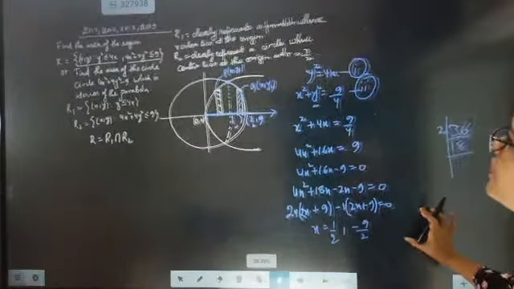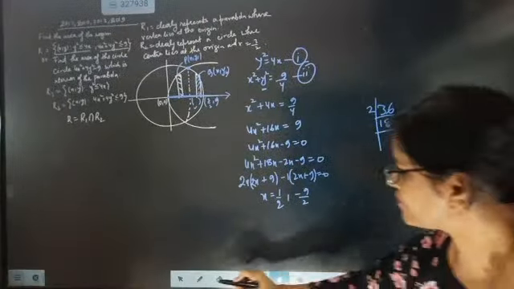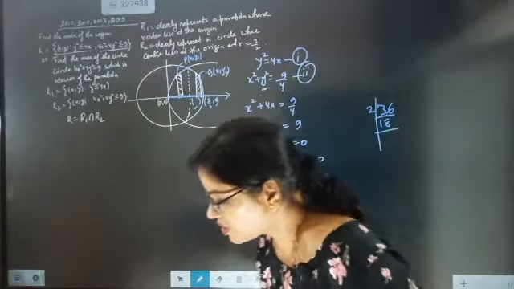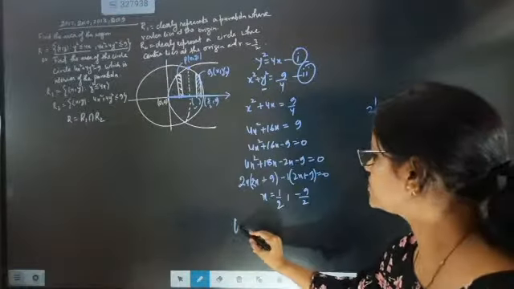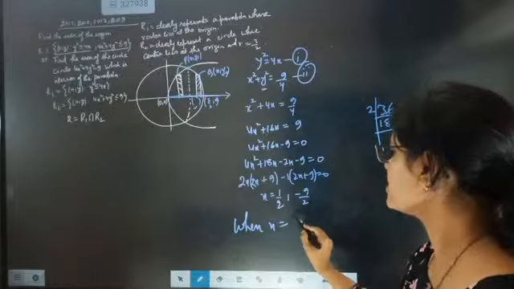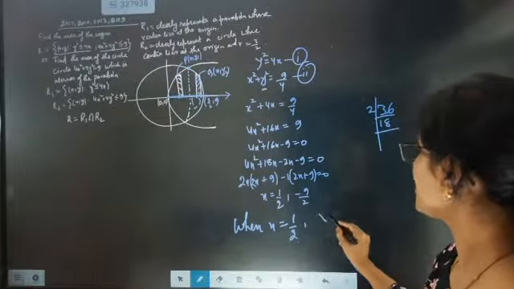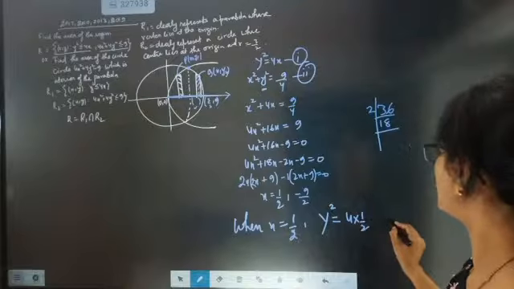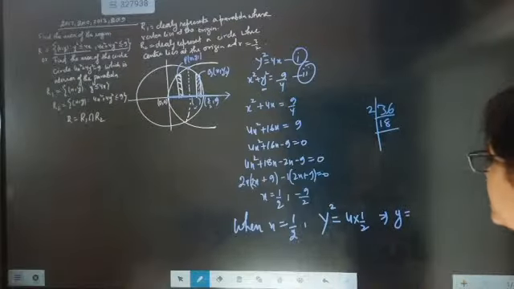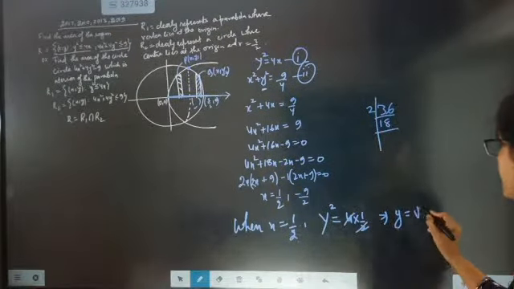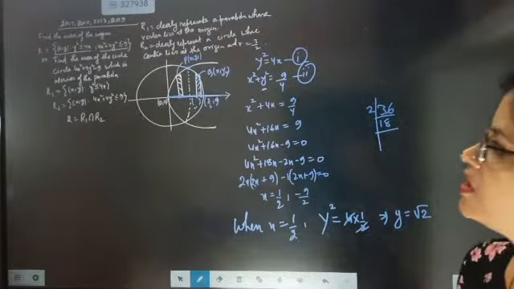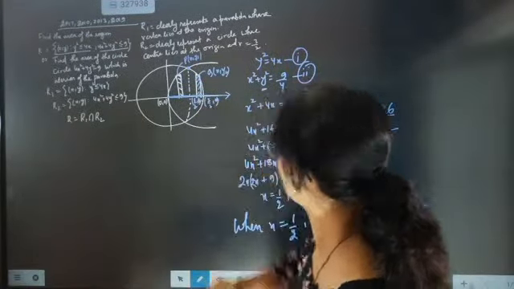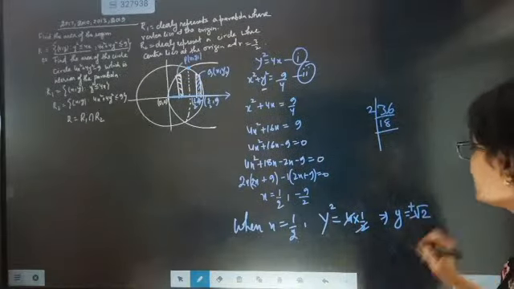So one thing to be very, very careful about x. When x will be coming as 1 by 2, then y square is equal to 4 into 1 by 2, so that means y will be coming as root 2, because y will have two values, plus or minus root 2.